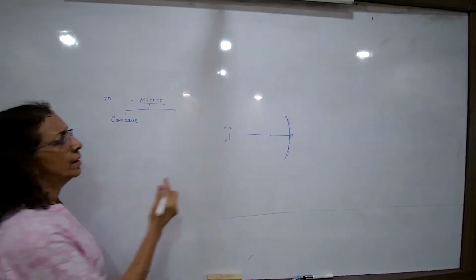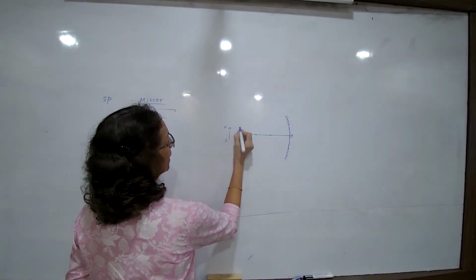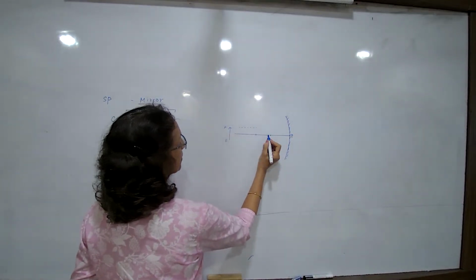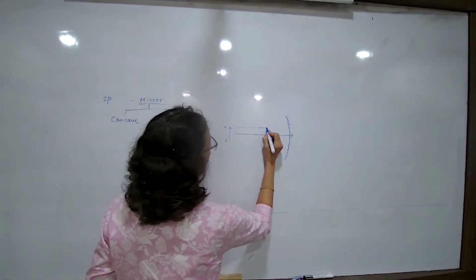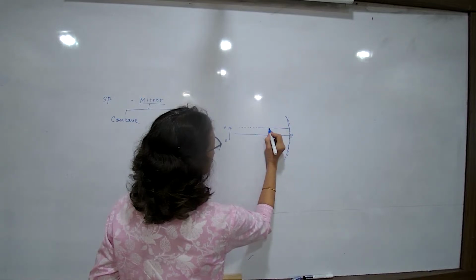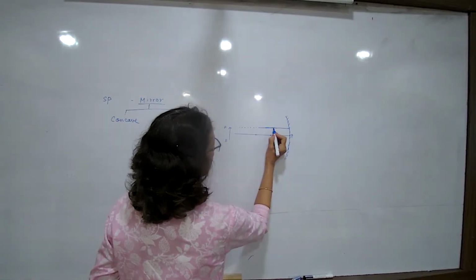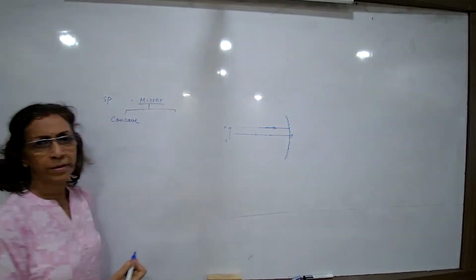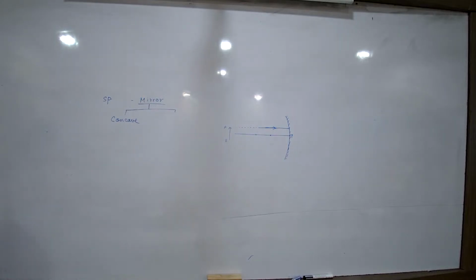Okay. The rays are coming, dotted line, dotted line, dotted line. And from here you will draw a straight line. Make sure that the straight line has an arrowhead. What ray is that? Incident ray.